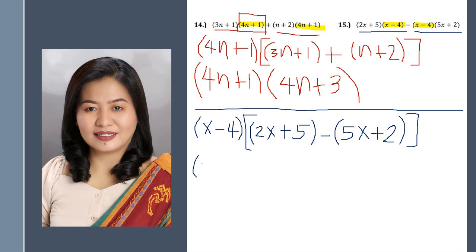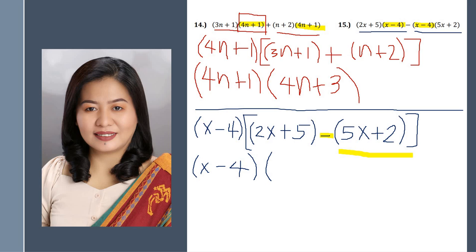So x minus 4, and then we have 2x. We have to take out first the parentheses. This is very critical when you are solving, especially when it involves a minus sign, because it will affect the operation of the terms inside the parentheses.